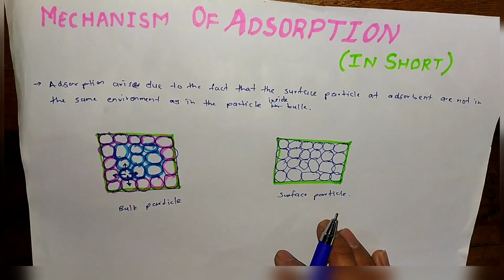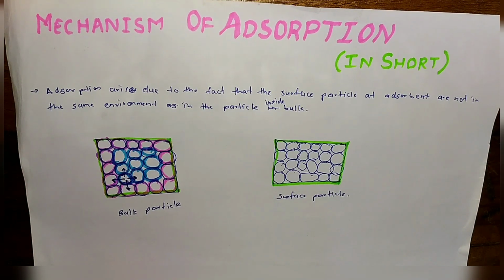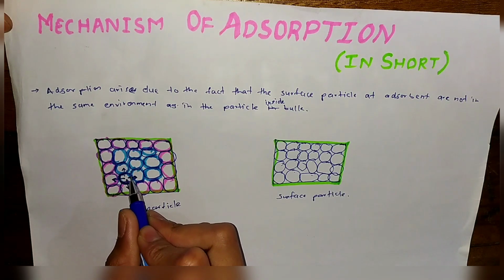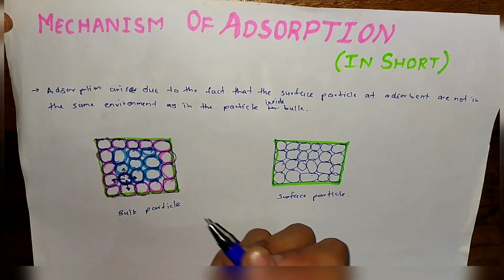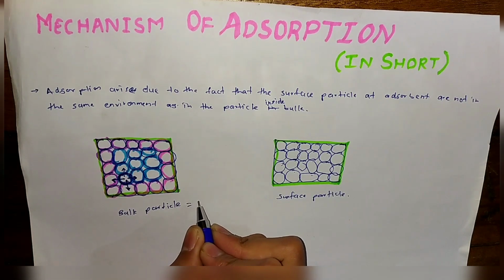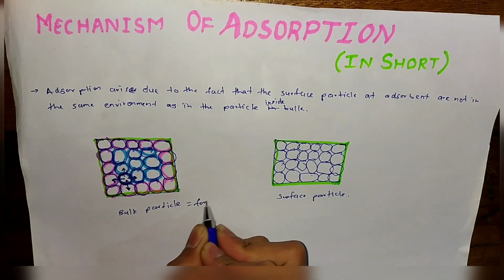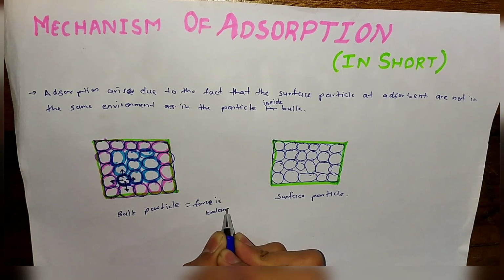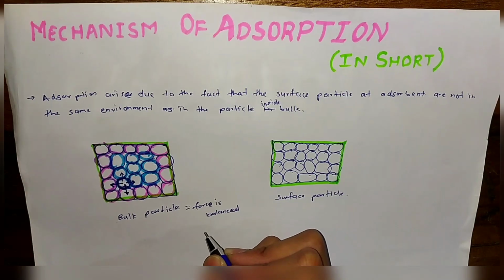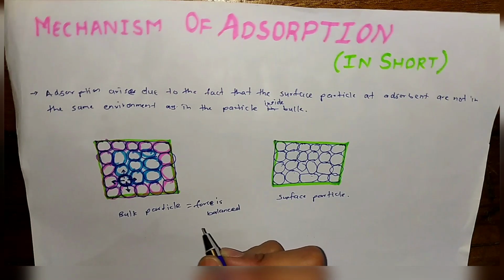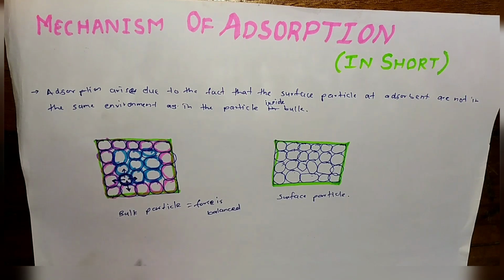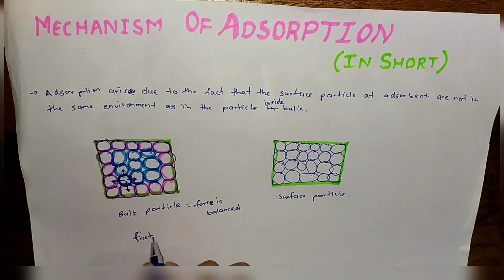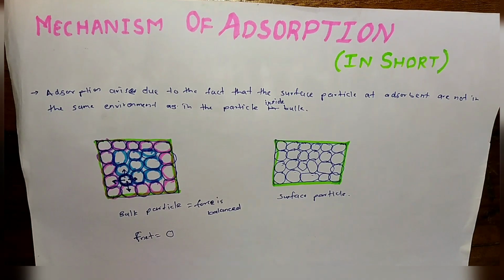If we see the net force, this particle is balanced from all four directions, therefore the force is balanced in the case of bulk particles, and the net force F is equal to 0 in bulk particles.